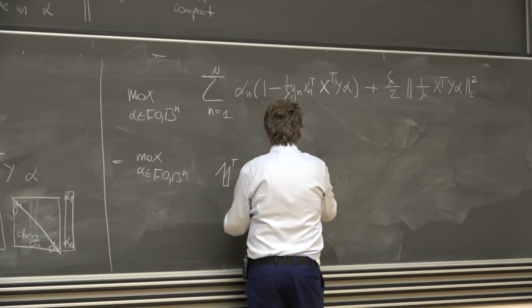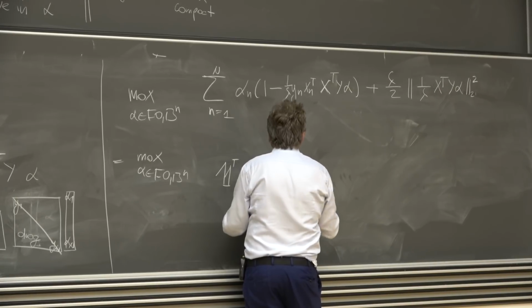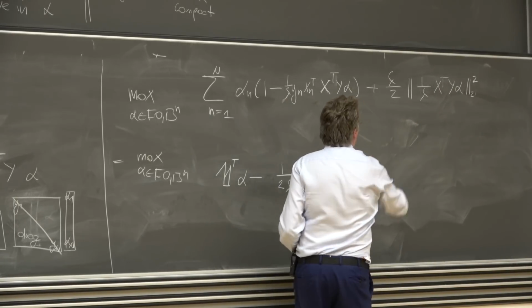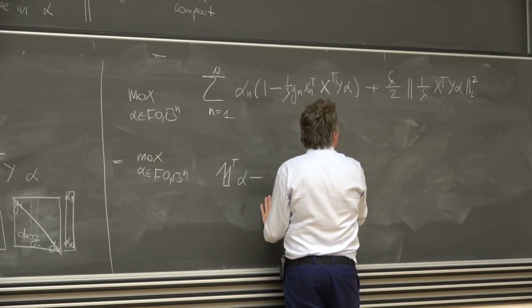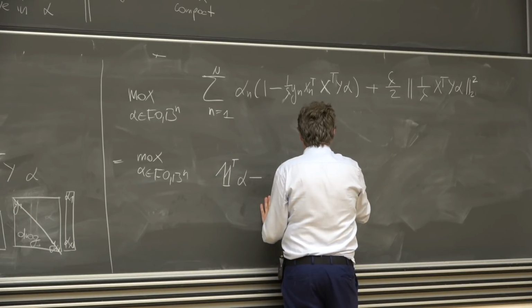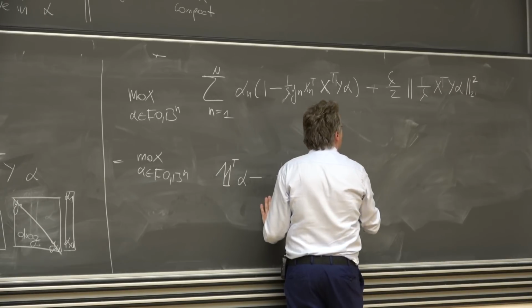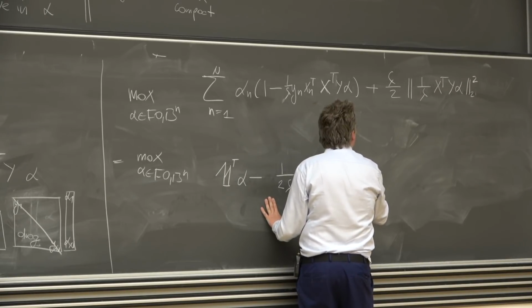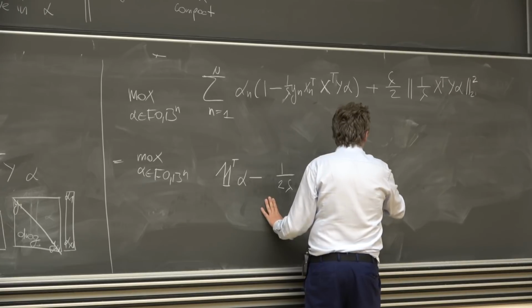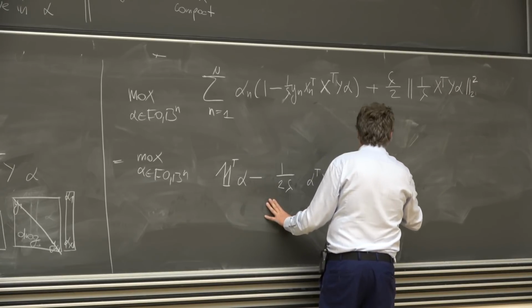So we get in total 1 minus lambda. And this will just be whatever we have here. So this is alpha transposed Y transposed, which is the same as Y, X transposed Y alpha.